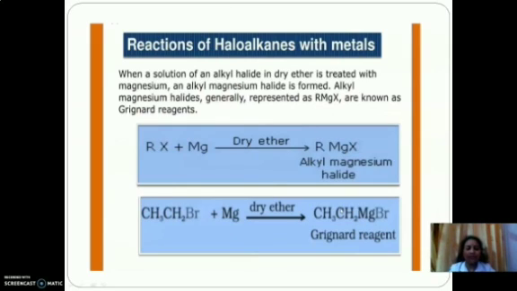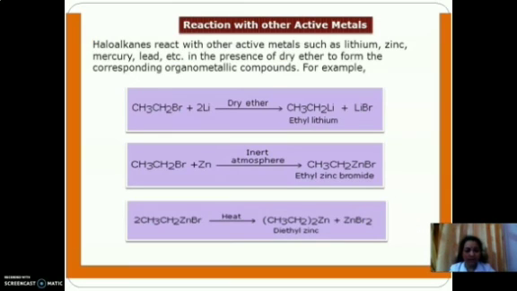Not only magnesium, so many active metals can directly attach with our haloalkanes. So we can see some other reactions. Here we can see lithium attached to the bromine, and there are two lithium here. So one lithium attaches with the bromine.